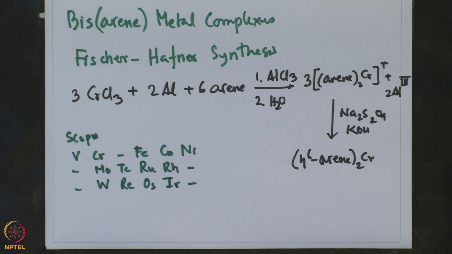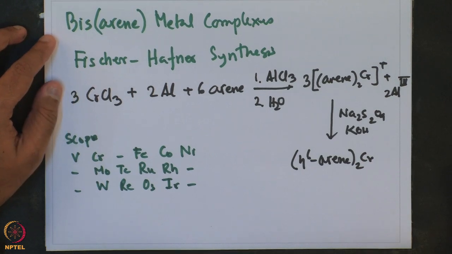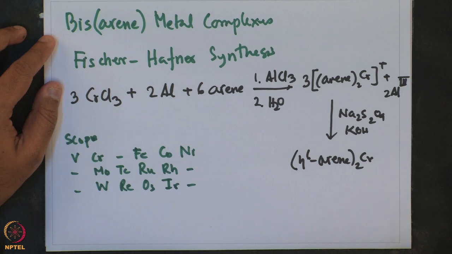So, it seems that this is quite an interesting reaction, because it is quite general for so many different metals, but the only limitation that it offers is that the arene must be inert towards AlCl3.